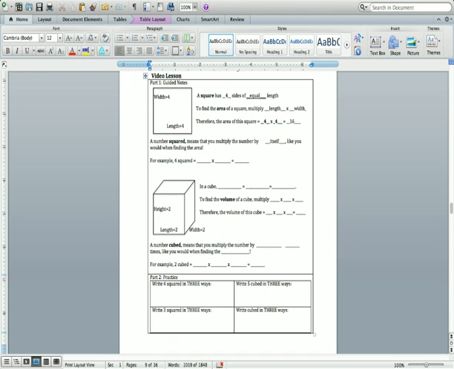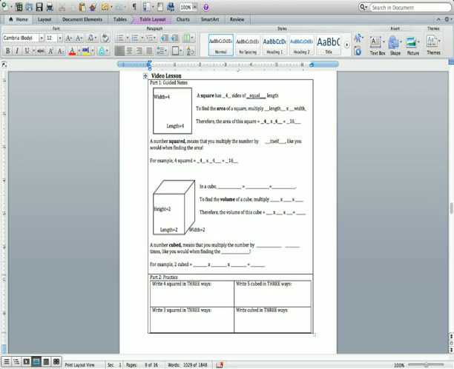So for example, 4 squared, if you were to find the area of a square with a side of 4, you'd do 4 times 4, which equals 16. So 4 squared is the same as 4 times 4, which equals 16.